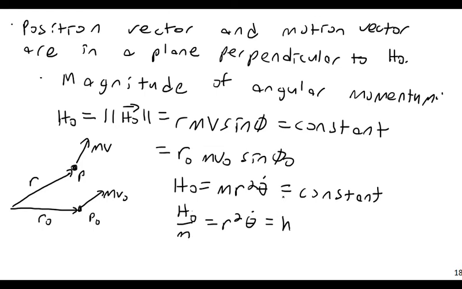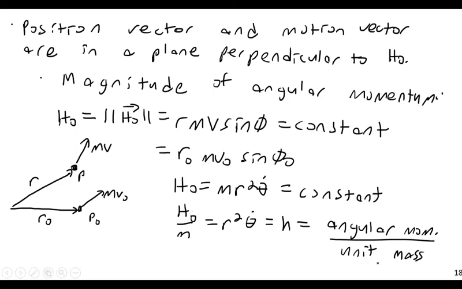We typically designate these with capital and lowercase letters. A capital letter is usually reserved for an extensive property, a lowercase letter for an intensive property. So this would be the total angular momentum for H_O, and lowercase h would be the angular momentum per unit mass, and this would be constant. Angular momentum per unit mass. Now, let us look at this.